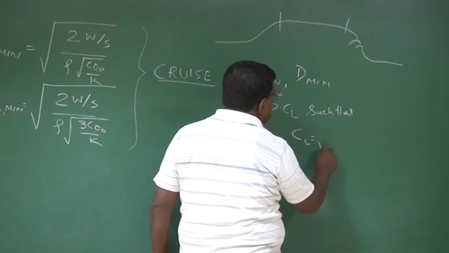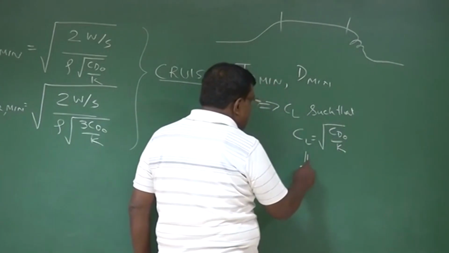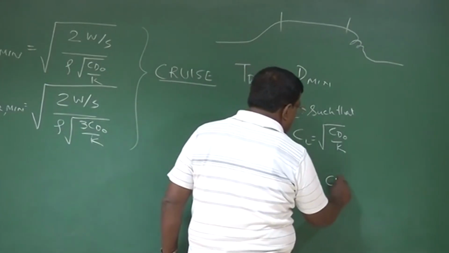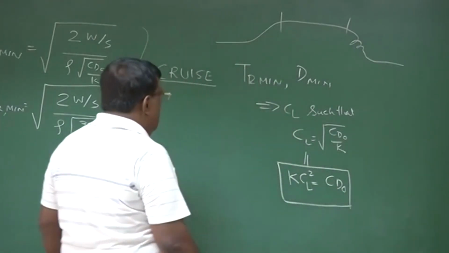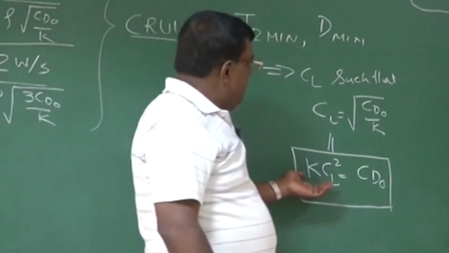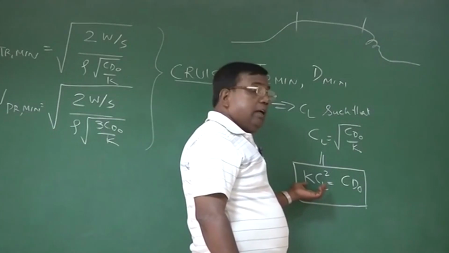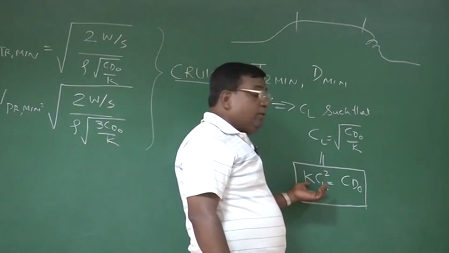CL equal to root of CD naught by K, which actually means K CL square is equal to CD naught. This is K CL square, the induced drag component. Why is this induced drag there? That's because of lift, so we call it lift induced drag.